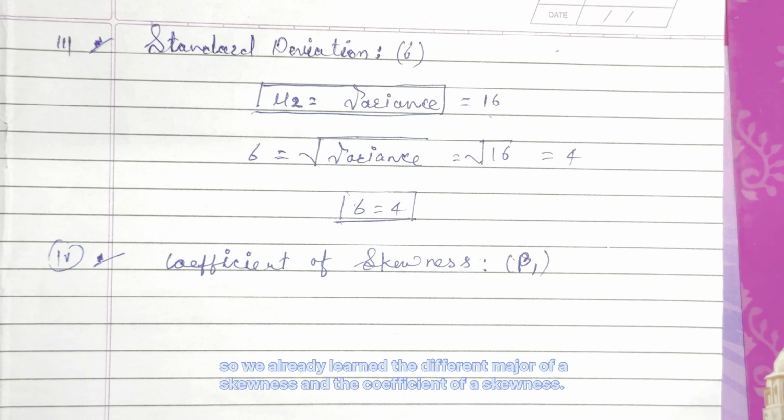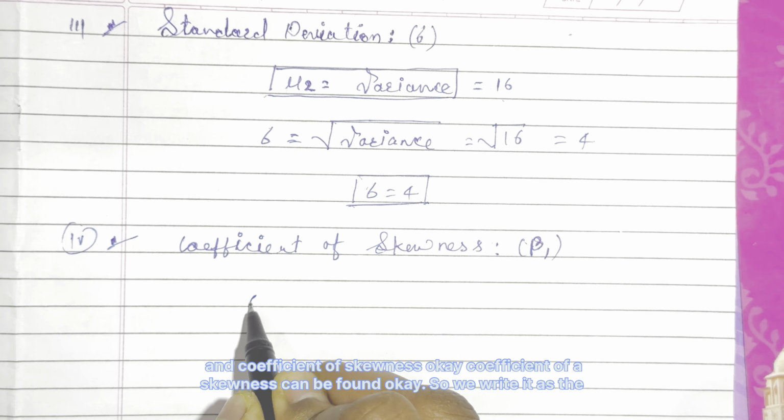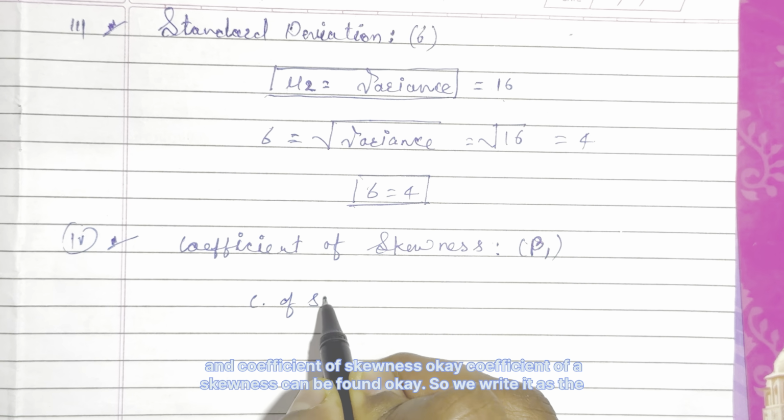We already learned the different measures of skewness and the coefficient of skewness. So we need to know one standard formula for finding the coefficient of skewness.